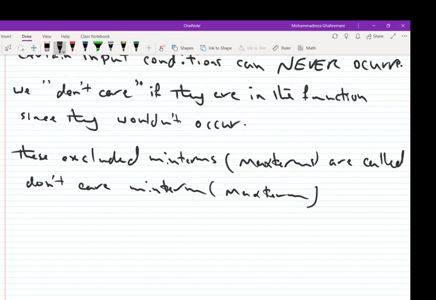So if we need 1 to build a larger group, we consider them as 1. If we need 0 to build a larger group of max terms, we consider them as 0. So depending on our group size, we can consider these don't cares as 0 or 1.